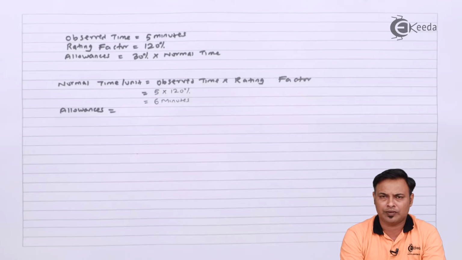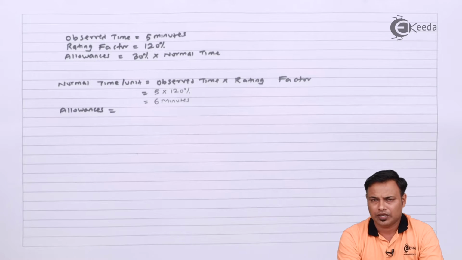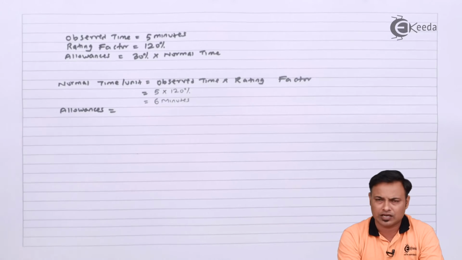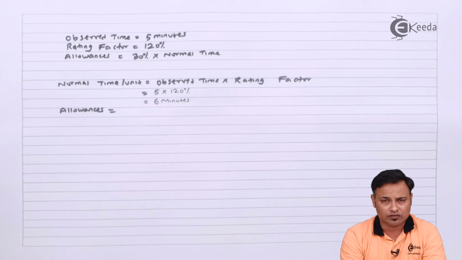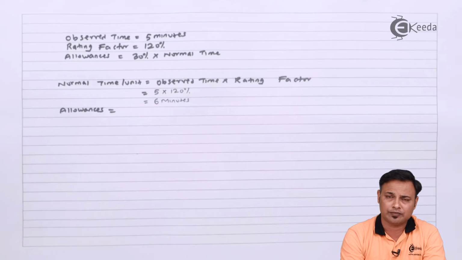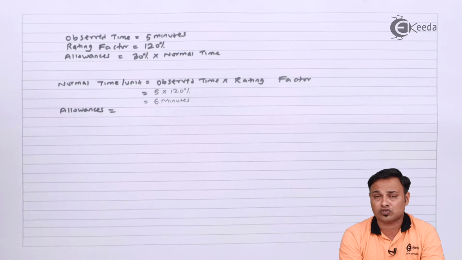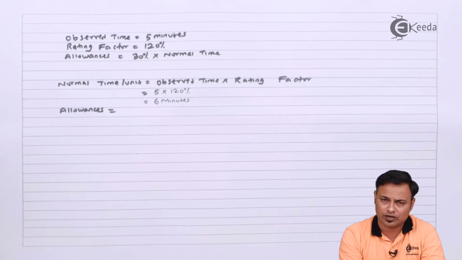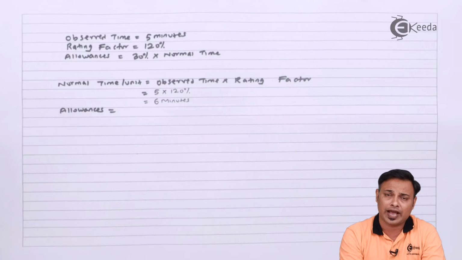But in case of human beings, they tend to lose some time in between the continuous activity of production because of fatigue, because of looking here and there, because of a change of the body position or changing the movements of the hands. It can be anything. It can be simply talking with the other colleagues. It can be getting some instruction from your supervisors. Some time may be lost. So for that purpose, they will always give you some allowances, which shall be simply added to the normal time to get the standard time per unit.